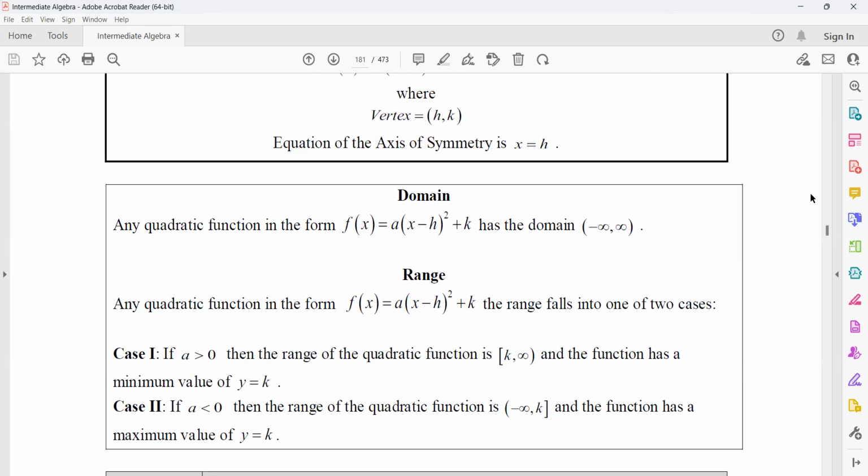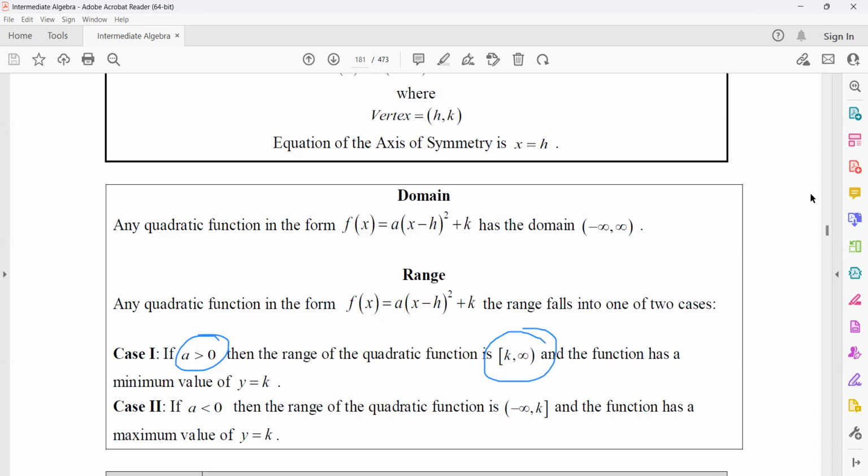Now, for the range, for the standard form or the vertex form, the range will be found on the basis of these two cases. The first one, when a is greater than 0, which means a is positive, then the range is going to be k to positive infinity.